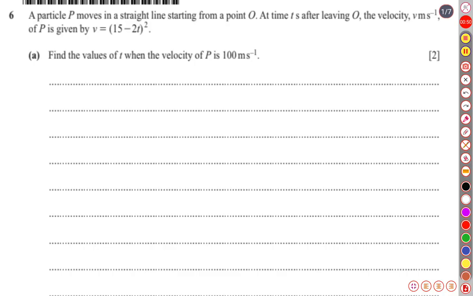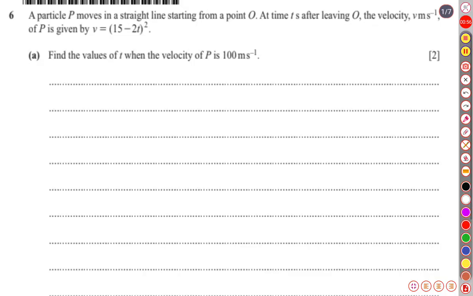Let's start the solution. The expression of v is v is equal to (15 minus 2t) whole squared. Then they have told us to find when velocity is 100.